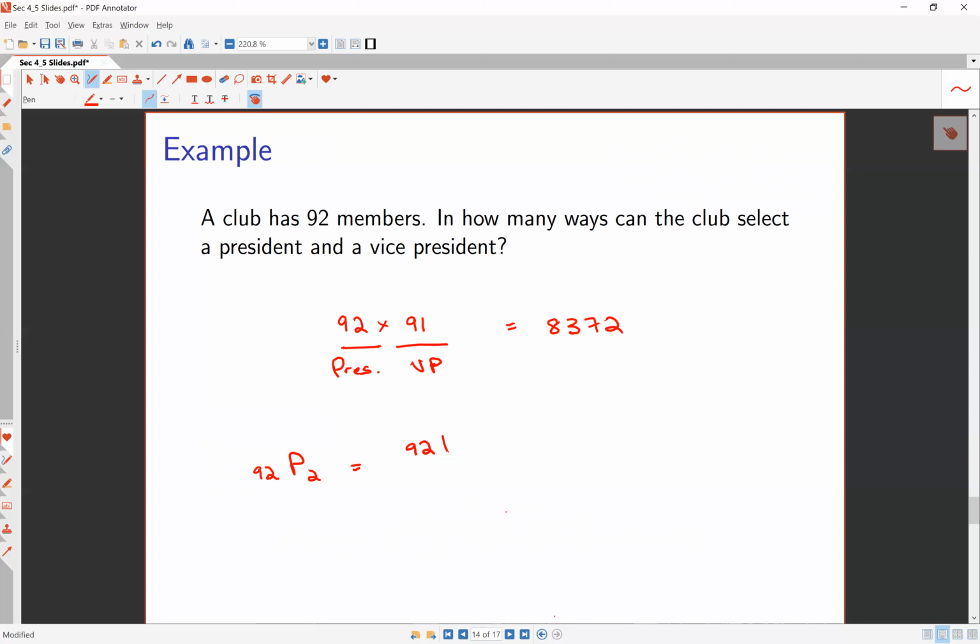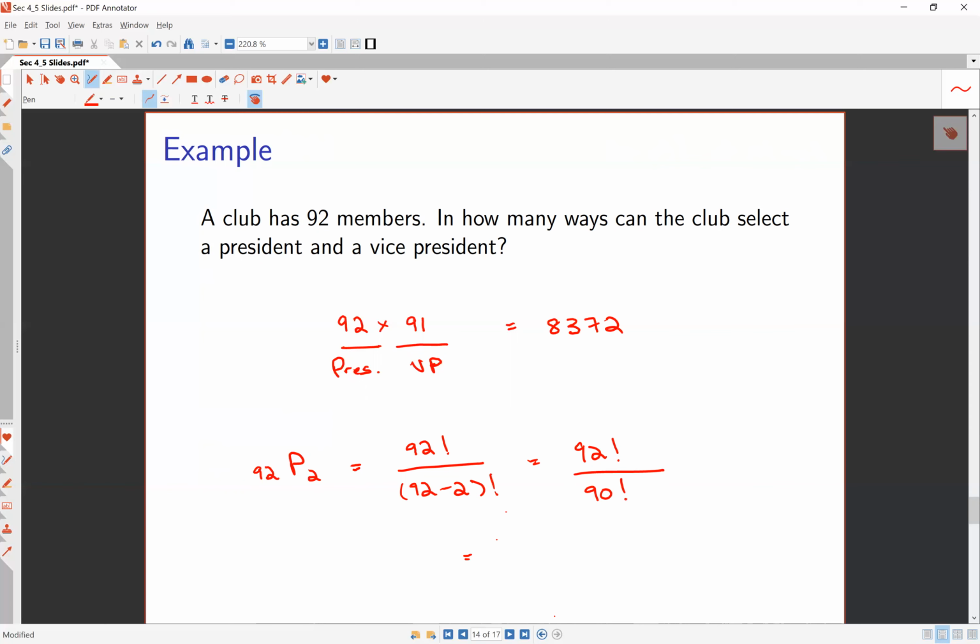Now, note, if I'd applied my rule here, if I'd said 92 permutation 2, my rule would have said, okay, 92 factorial divided by 92 minus 2 factorial. So this is 92 factorial divided by 90 factorial. And things can actually simplify a little bit here. Remember, 92 factorial means it's all the numbers 1 through 92 multiplied.